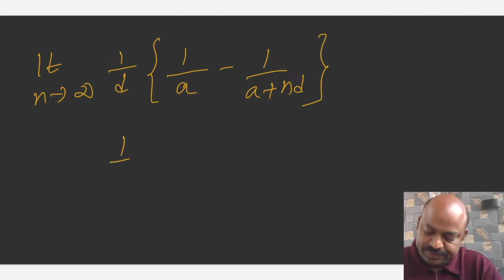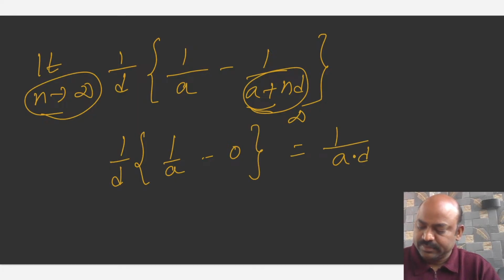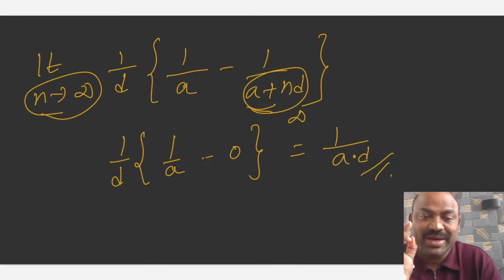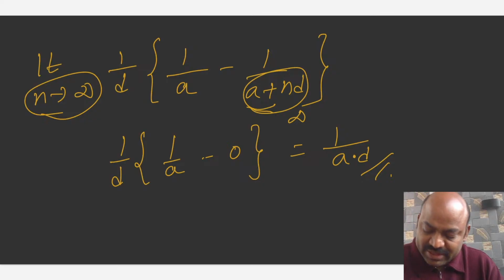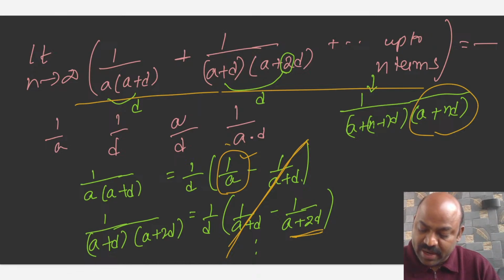Now take the LCM or you can do it directly. As n is tending to infinity, this a plus nd will become infinite. So 1 by infinite will become 0. So the answer is 1 by a into d. Remember that if the terms are in AP with infinite limit, and the structure is like this, in reciprocal of AP, then the answer is 1 by ad.